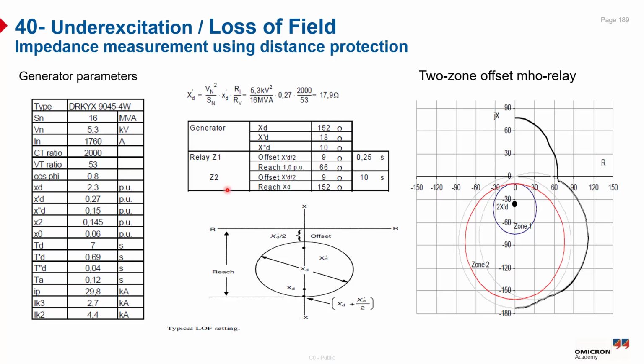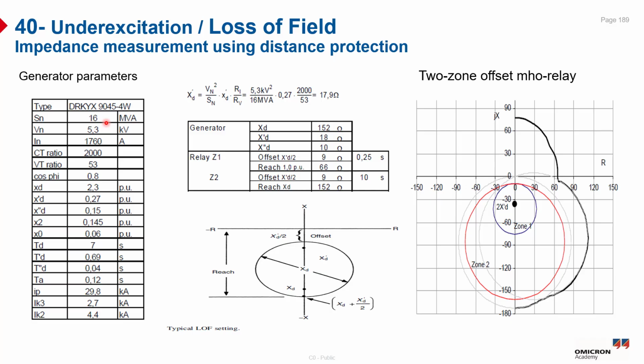So how do we calculate the two zones' diameters and angles based on the relay and generator parameters? At first we can calculate the Z base, which is the base impedance of the generator, equal to the kilovolt squared divided by the apparent power. So 5.3 kilovolt squared divided by 16 megavolt ampere equals 1.755 ohm in primary values.